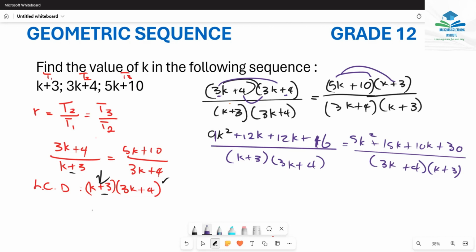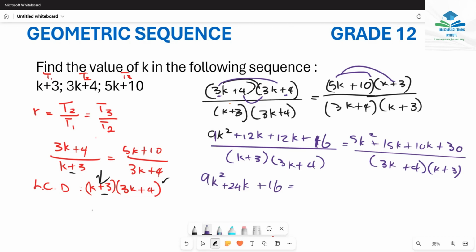Now here, this is 9k squared plus 24k plus 16 is equal to, when you come back to this side, this is going to be the same as what?